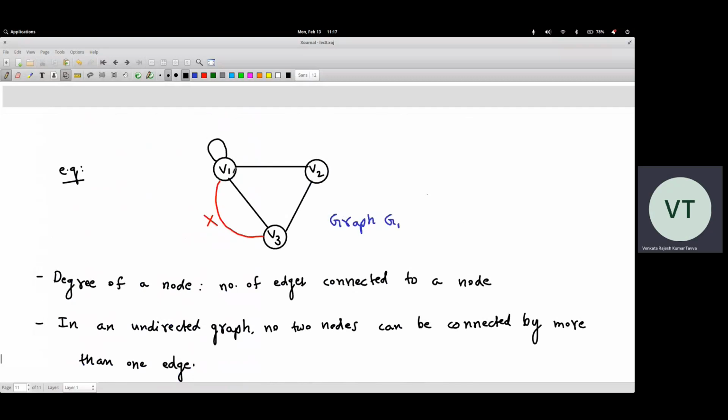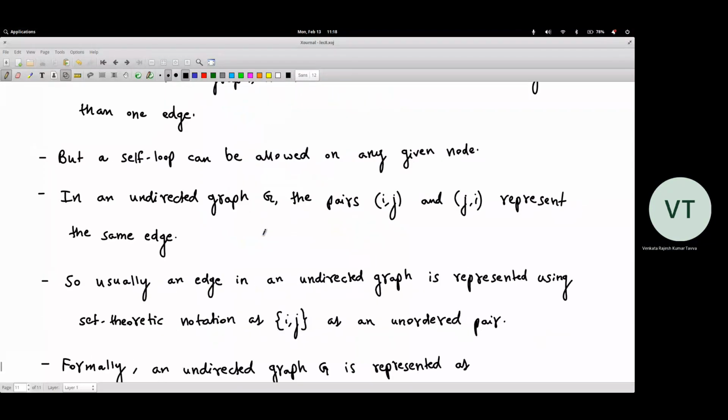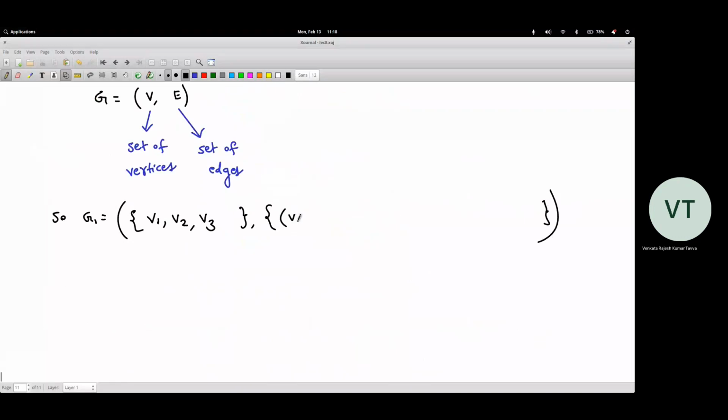V1 is connected with itself. So V1, V1, then V1, V2, then V1, V3. All right. So let me write that: V1, V1, V1, V2, and V1, V3.